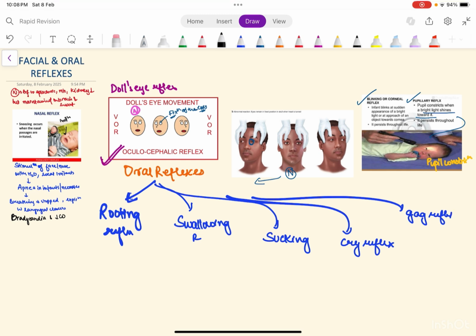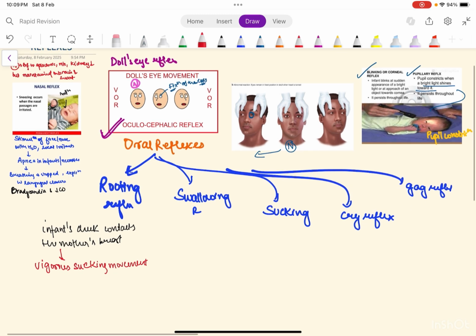Now the rooting reflex: when the infant's cheek contacts the mother's breast, it leads to vigorous sucking movement.